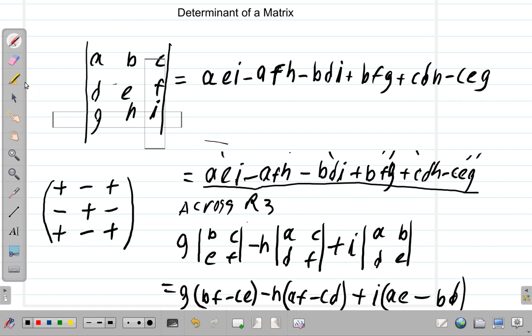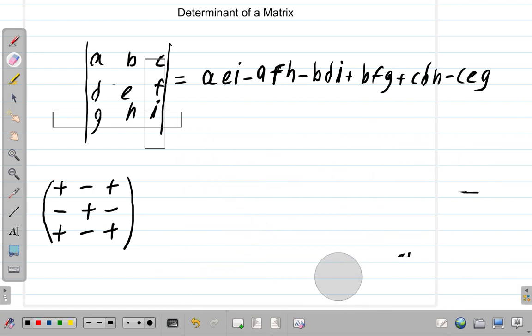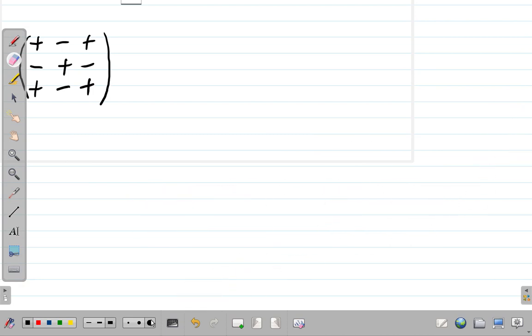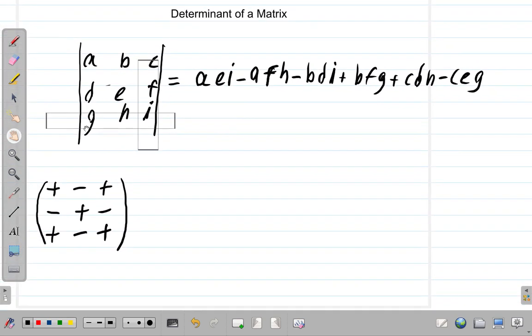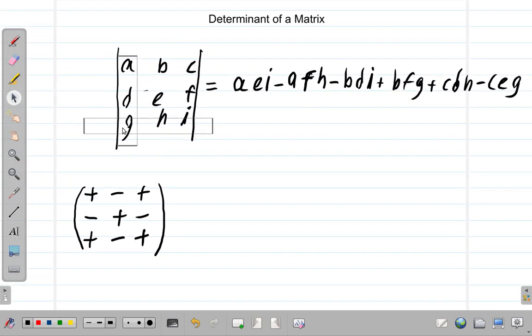Now, let's just erase some of what we have here. We had some working down here. Let's erase them too. All right. Now, let's put our vertical cover onto column 1.